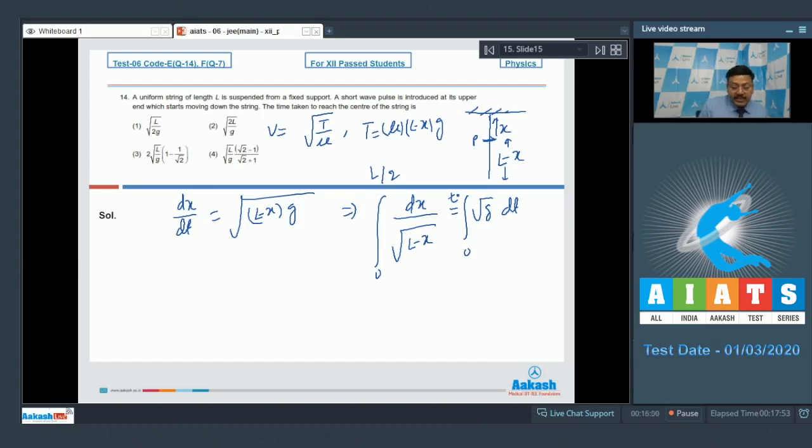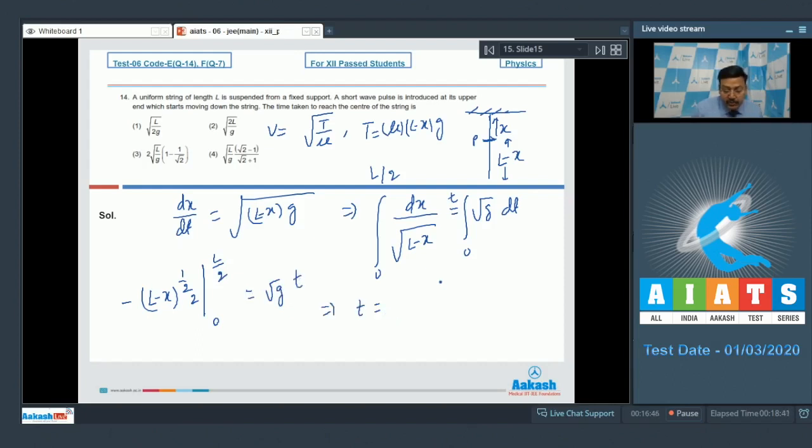The left hand side will give us L minus x to the power minus 1 by 2, so this becomes plus 1 by 2 divided by minus 1, so we have minus 1 coming here, and of course we need to divide it by 1 by 2, that means there is a factor of 2 also in the numerator. So we have integrated dx by under root L minus x. We now need to put the limits. The limits of x are 0 to L by 2, and on the right hand side is root g into t. So let's now put the limits.